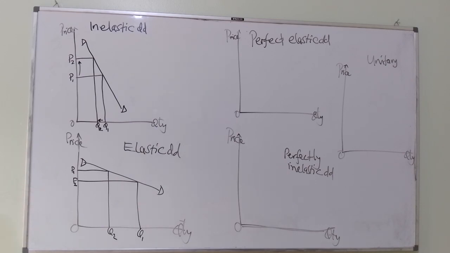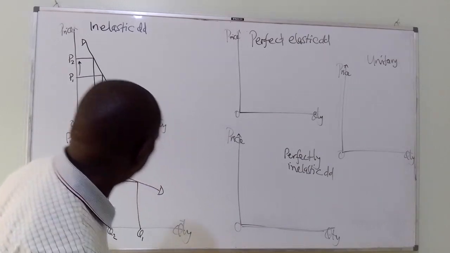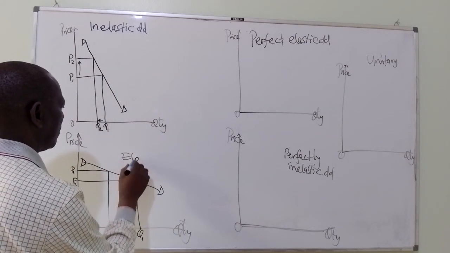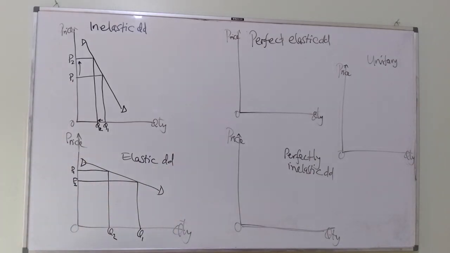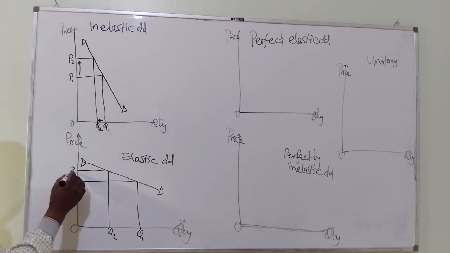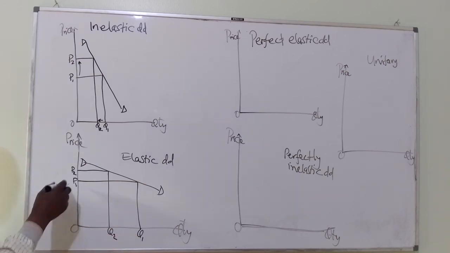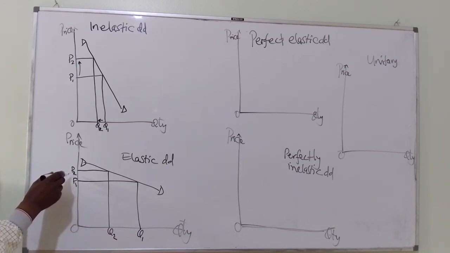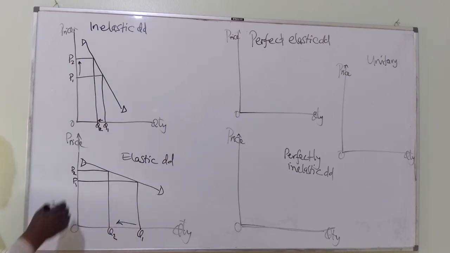With elastic demand, as you can see here, the demand curve is gently sloping, meaning that a small increase in the price leads to a very big reduction in the quantity demanded.